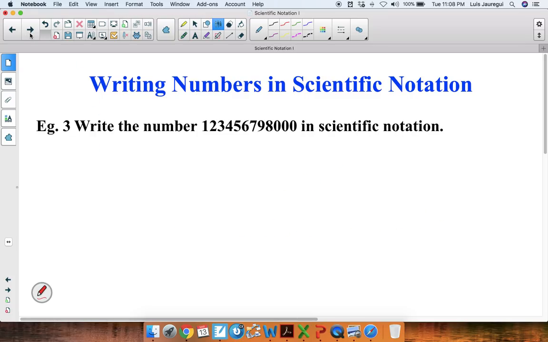Example 3. Write this particular number in scientific notation. In order for us to write it in scientific notation, we need to ask ourselves the following question. Is this number less than 1 or greater than 1? Well, notice this is greater than 1, so that makes your exponent positive.